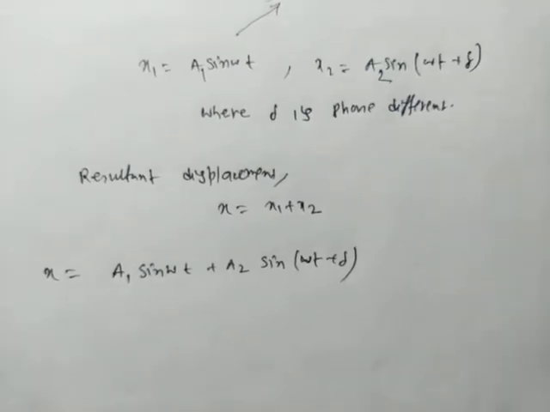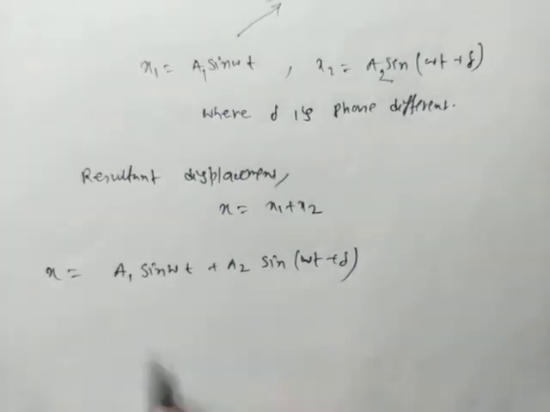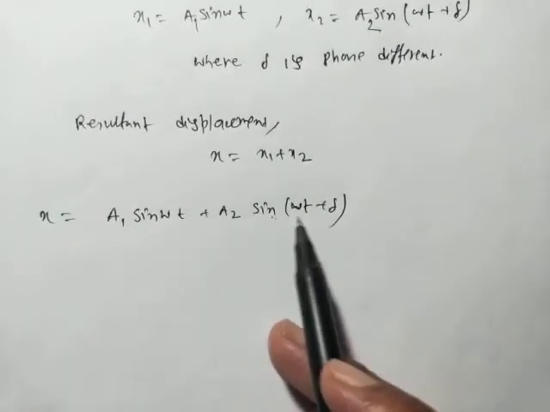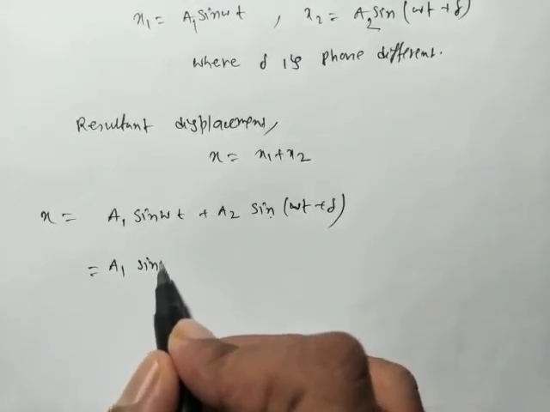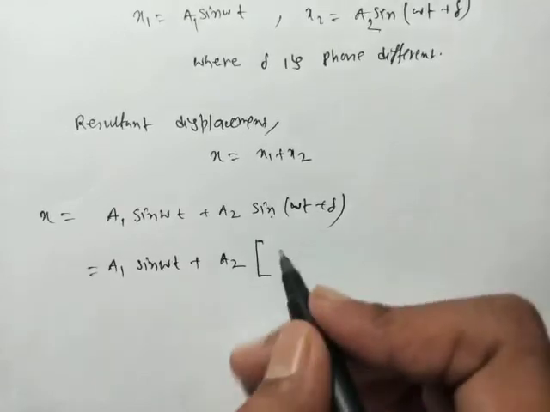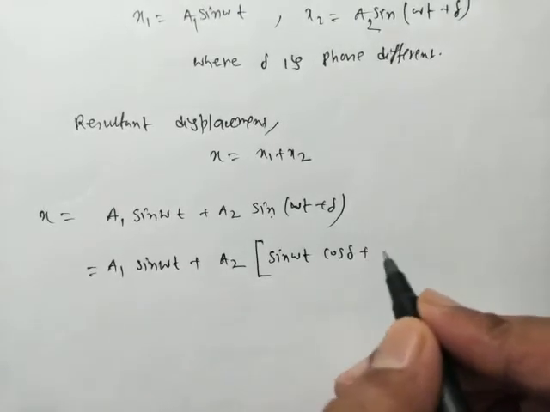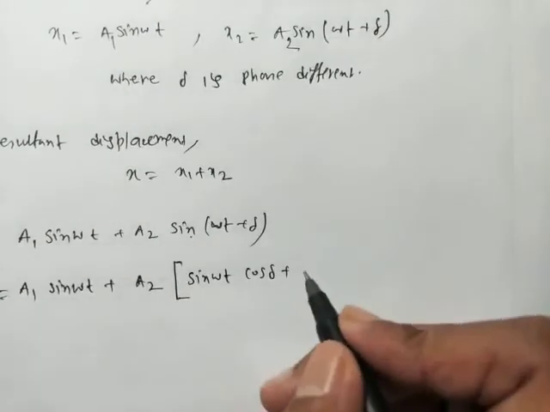Now, if we proceed further, this can be written using sin(a plus b) equals sin a cos b plus cos a sin b.